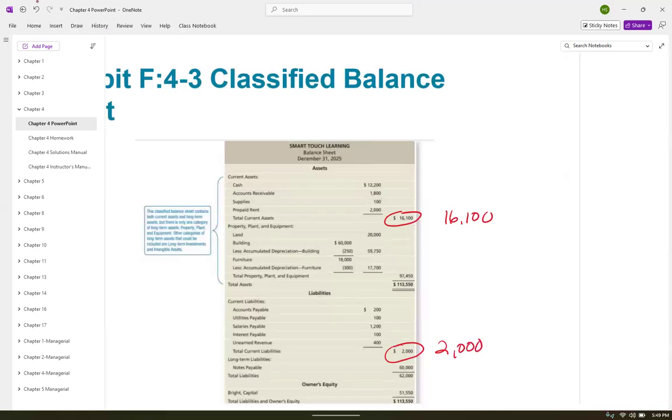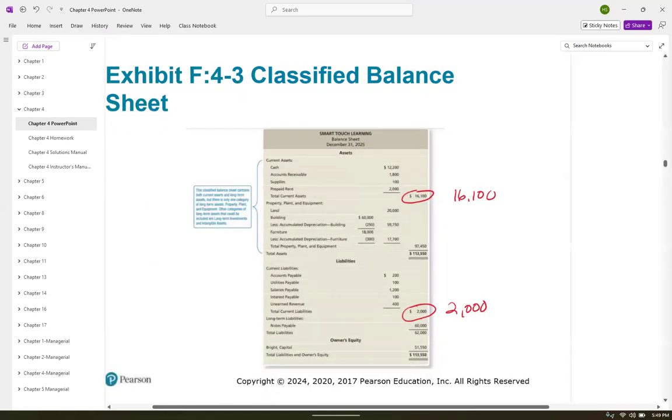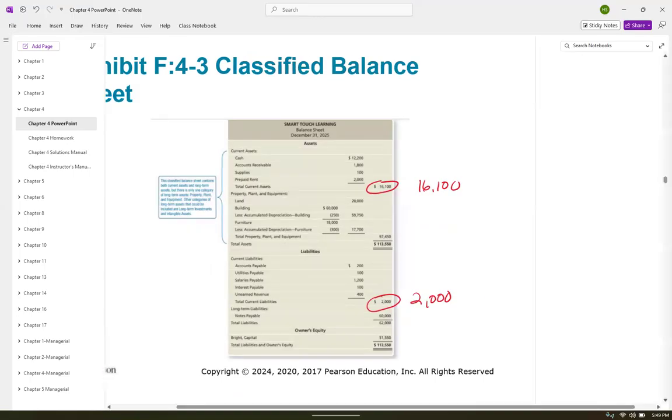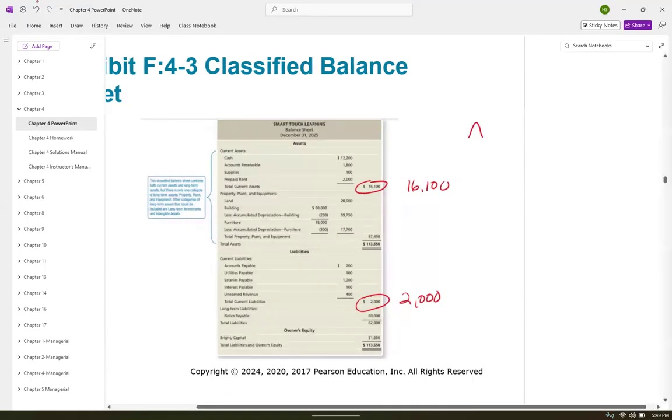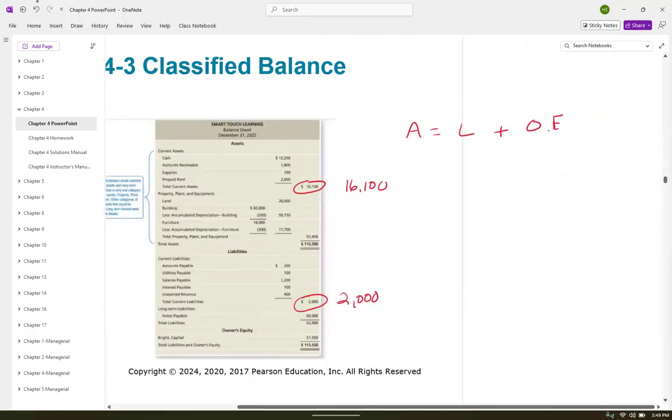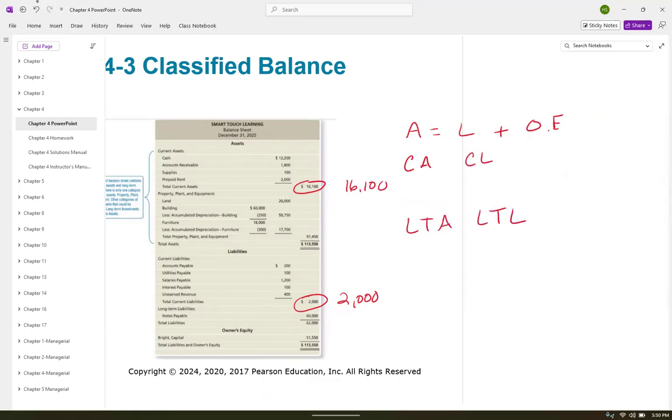We have this thing called the current ratio. It's in a different learning objective, but I'm going to come over here in the margins and we're going to talk about it one more time just because it's really important. It's a number that a lot of investors look at when it comes to analyzing financial statements. So remember, we have our current assets, long-term assets, current liabilities, long-term liabilities.